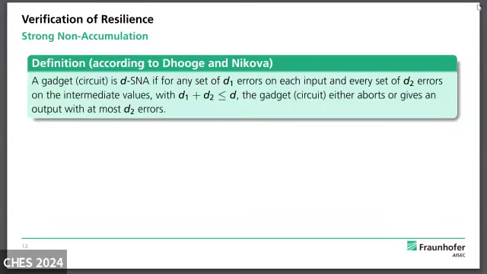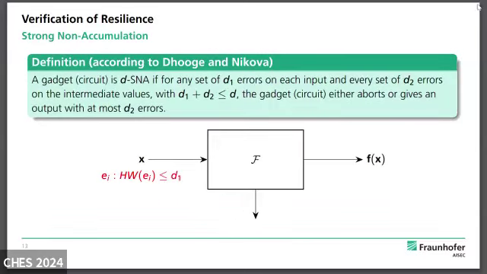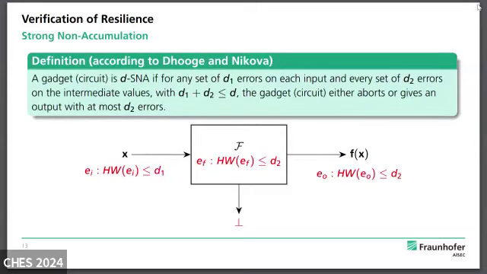And more interesting for this talk, strong non-accumulation, where we again have D1 input errors, D2 intermediate errors, and now we either abort or we have D2 errors at the output. So basically, you don't drag your input errors with you.